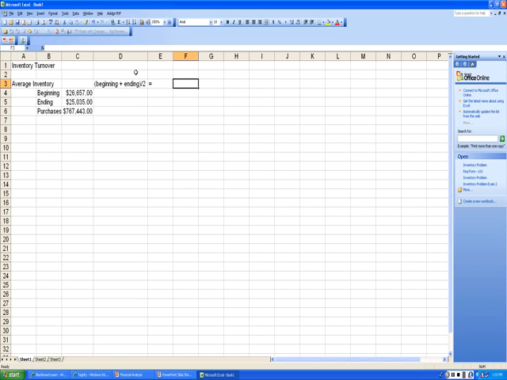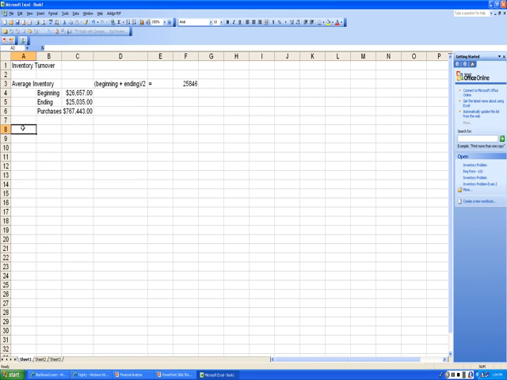So we're going to add in our beginning plus our ending and divide that by 2. So this tells me that my average inventory is $25,846.